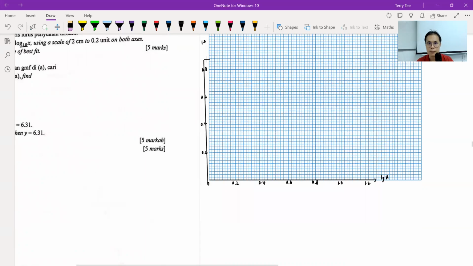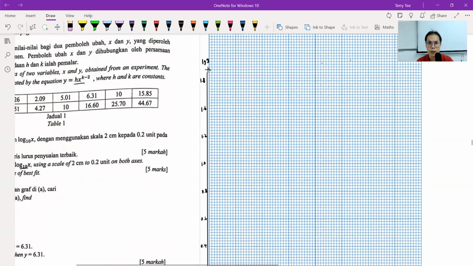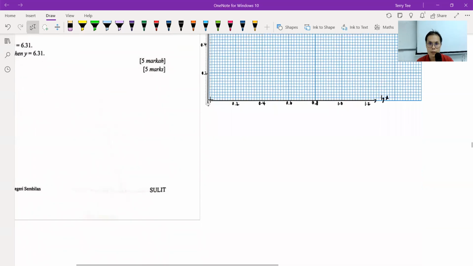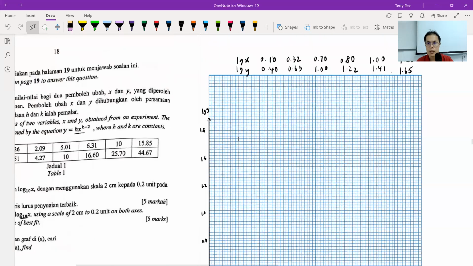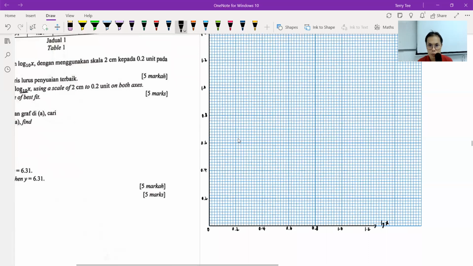Goes all the way up to 1.8. Okay, this one, adjust it here. Okay, so my first point is 0.1 and 0.4. 0.1, 0.4 over here with a cross.